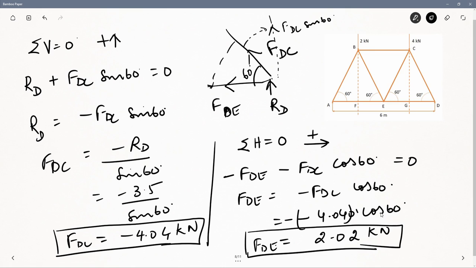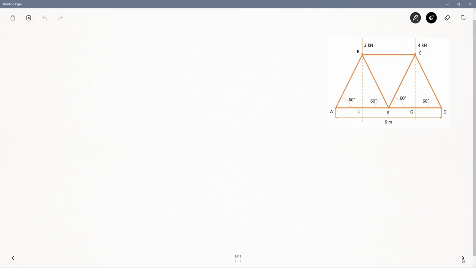Joint B is the support at the top on the left extreme end. It has three members coming to it. So my free body diagram would be like this. Since this is 60 degrees, this angle would be 30 degrees.